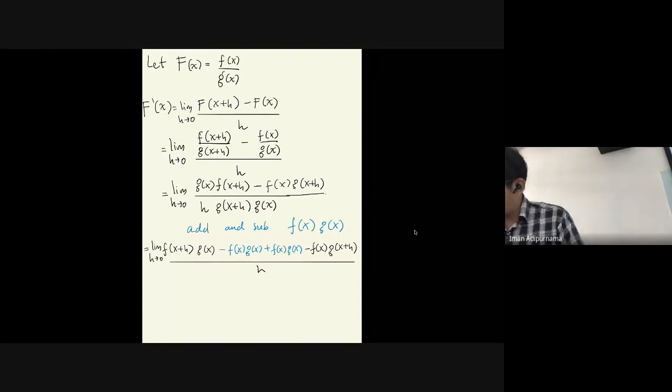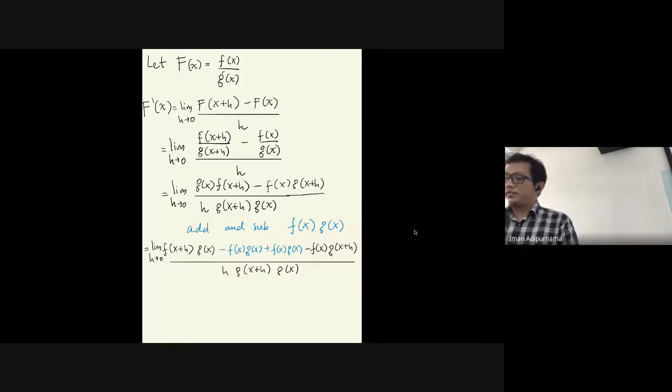We have h g(x+h) g(x), so that g will be squared, right? You can see it in the form.